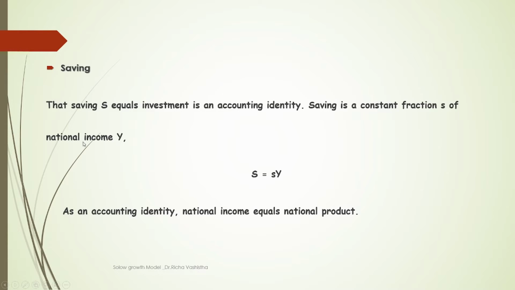Saving is definitely part of national income. So capital S equals small s, the constant fraction of Y, the national income. As an accounting identity, national income equals national product, where the saving part is a constant fraction.